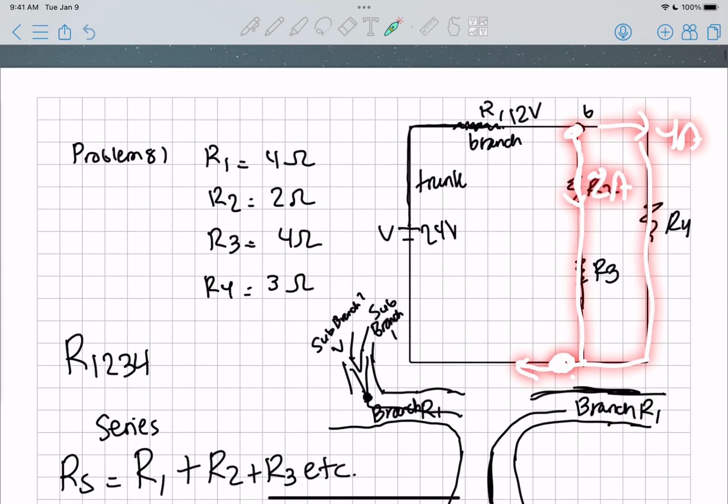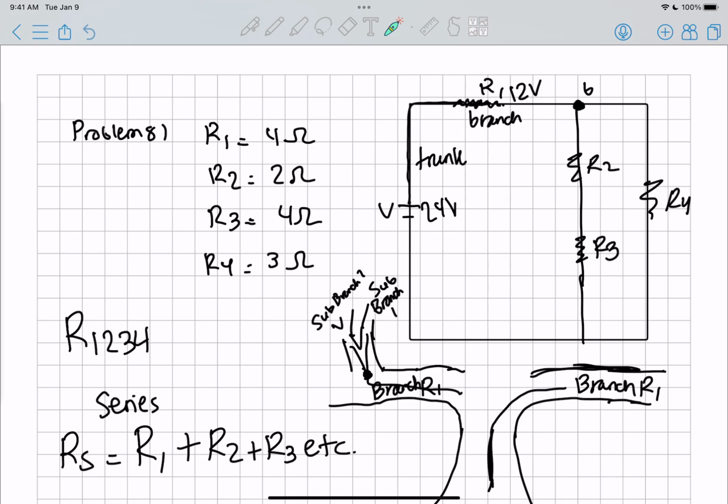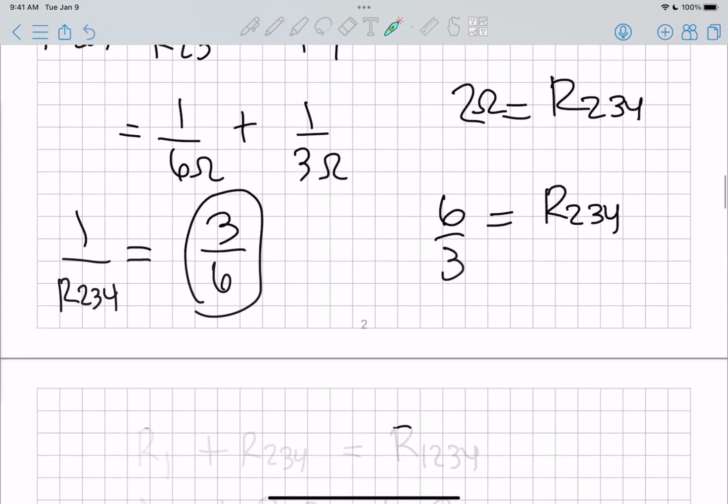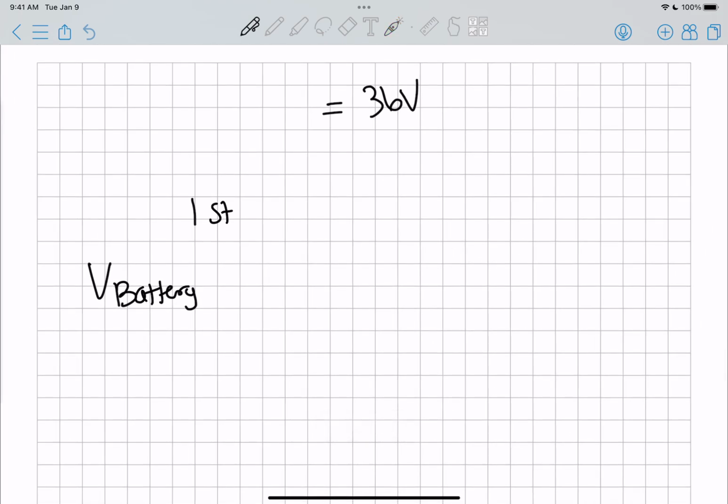Then we go through the second loop, which is R1, R2, and R3. So our first loop, the big loop, was V battery minus I1 R1 minus I4 R4.